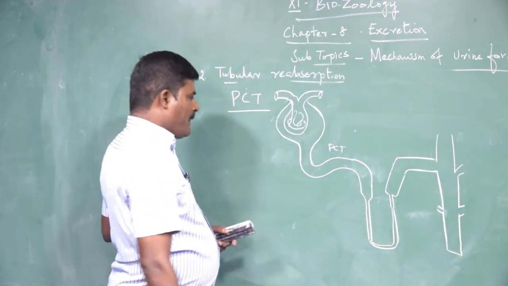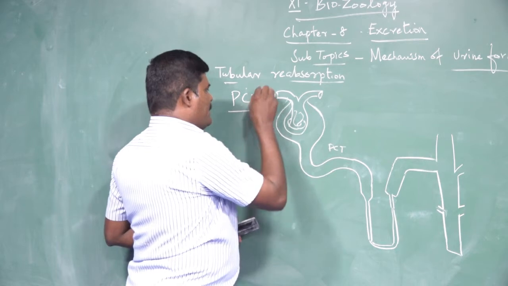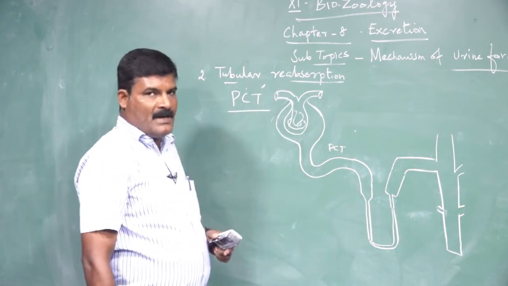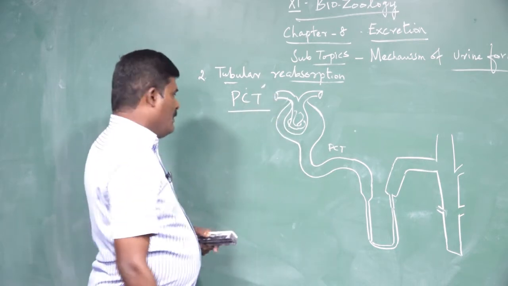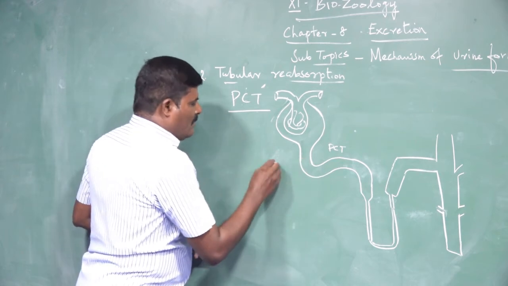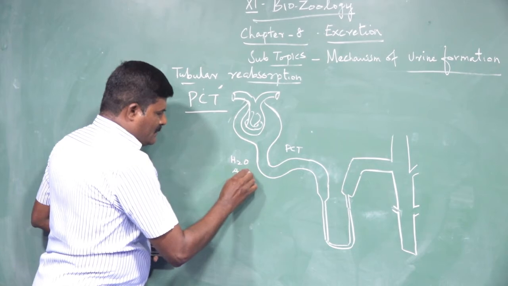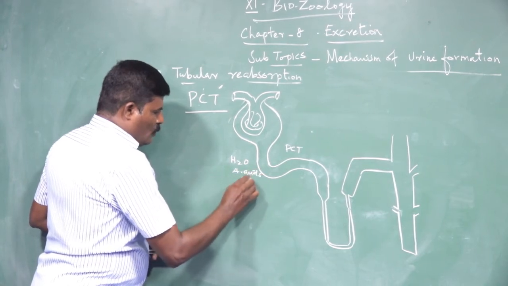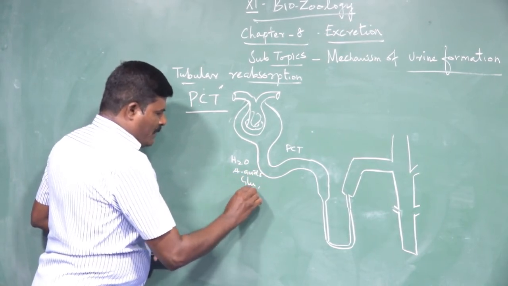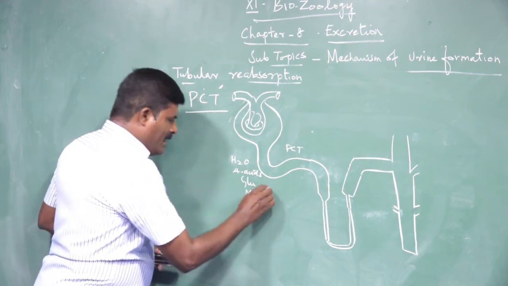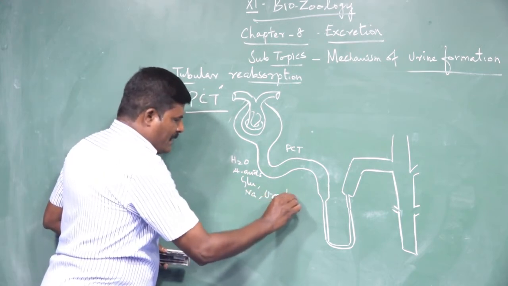So listen here, the first reabsorption takes place in the PCT, that is the proximal convoluted tubule. What are the substances reabsorbed here? One is water, next amino acid, next glucose, next sodium, and another one is urea and uric acid.